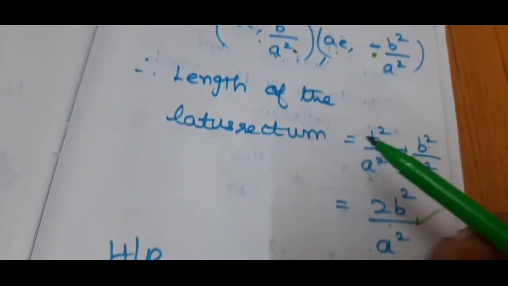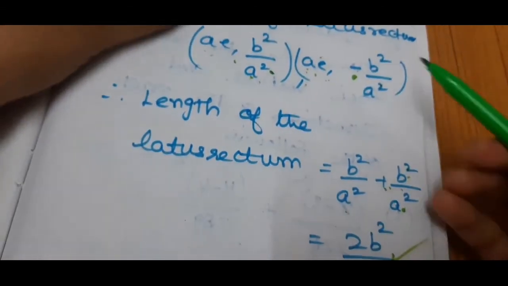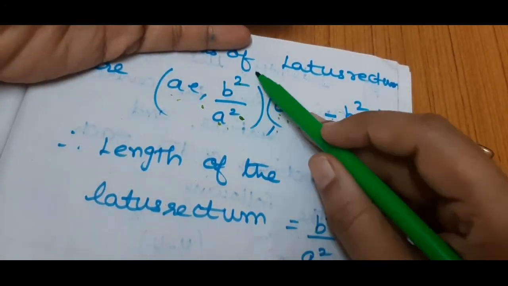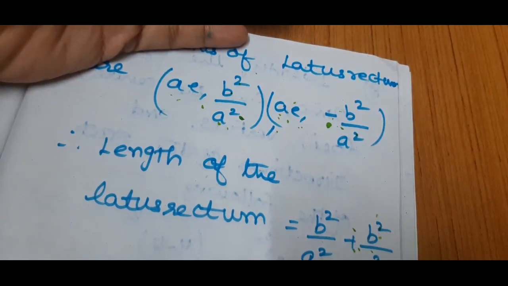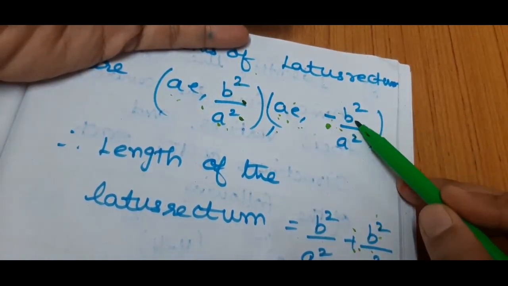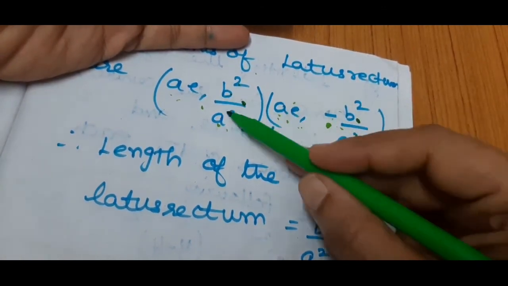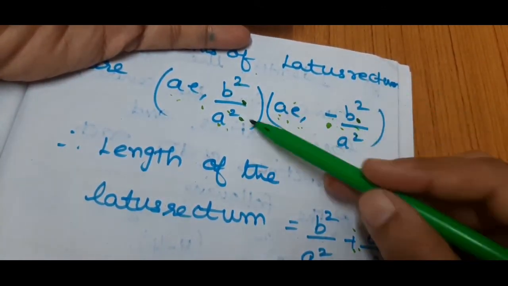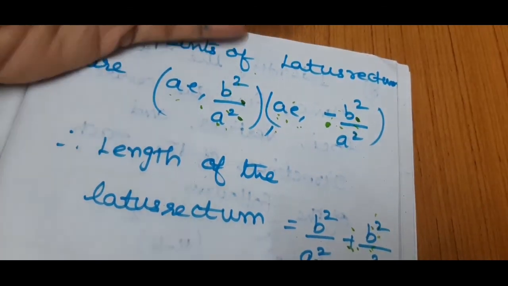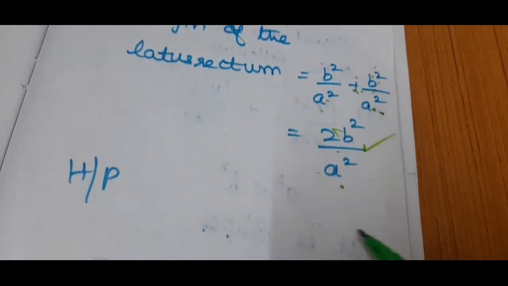If you want to find out the length, you should not consider the negative sign. So b square by a plus b square by a. This will be a length and this will also be a length, so for the total length we have to add both. Therefore b square by a plus b square by a is 2b square by a. So hence proved.